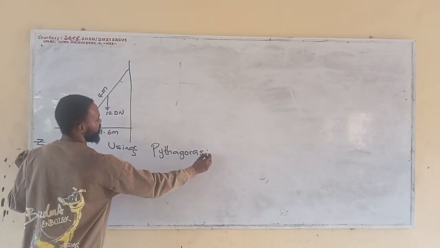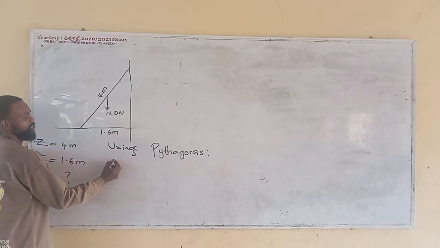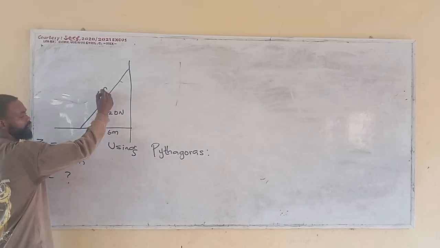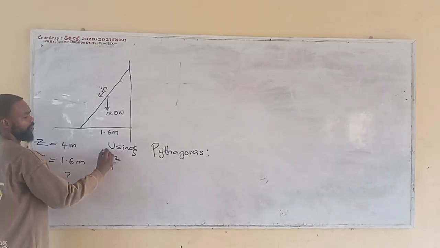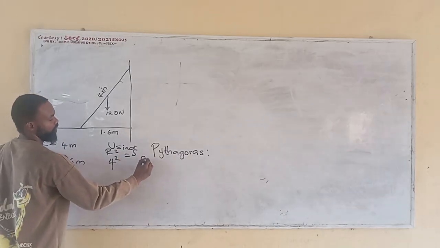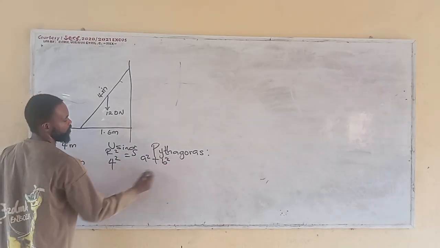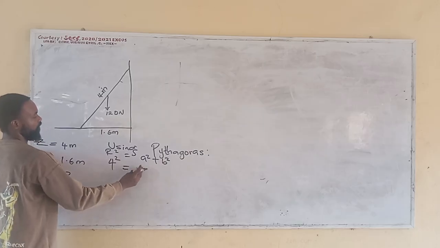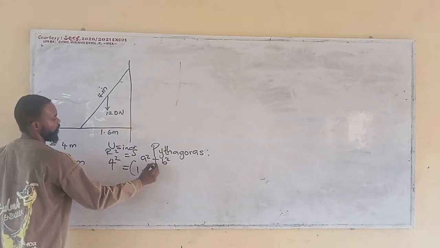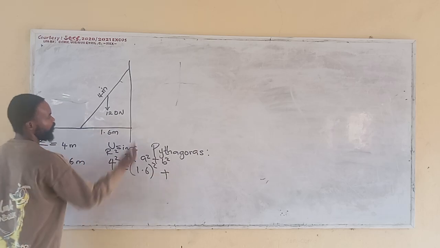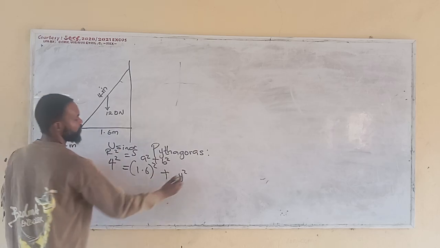So 4 squared, r squared equals a squared plus b squared, equals the a is the x, x always comes before y, 1.6 squared plus the y-axis, which I don't know.